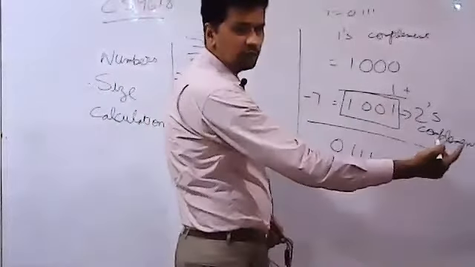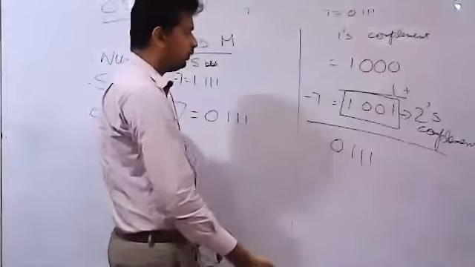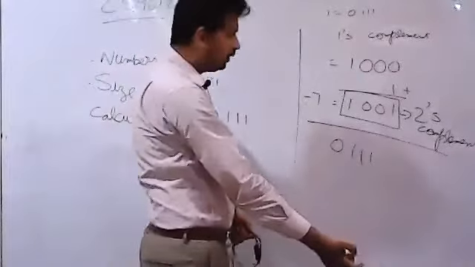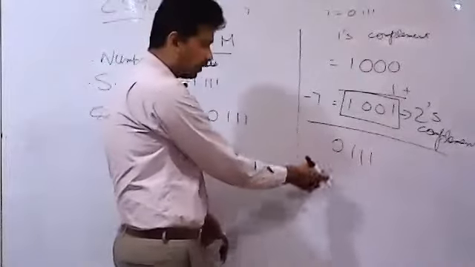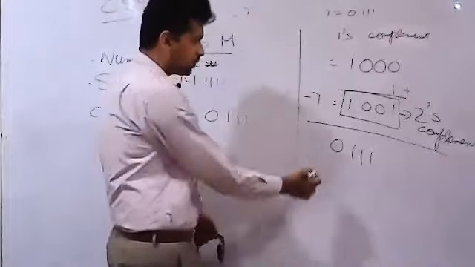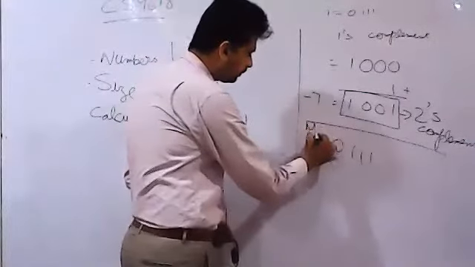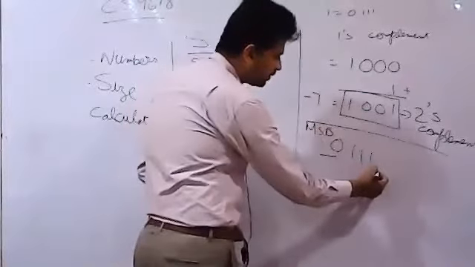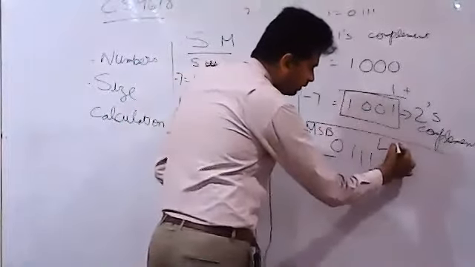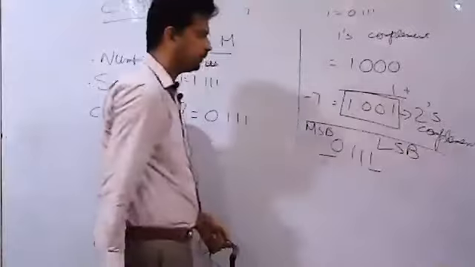scan your value from the right side, from the least significant bit. You know that the bits on the left are the most significant. This is your MSB and this is your LSB, least significant bit.